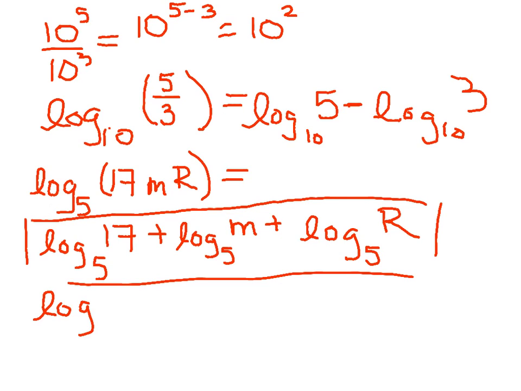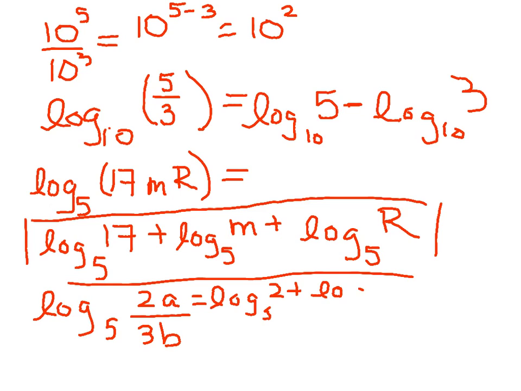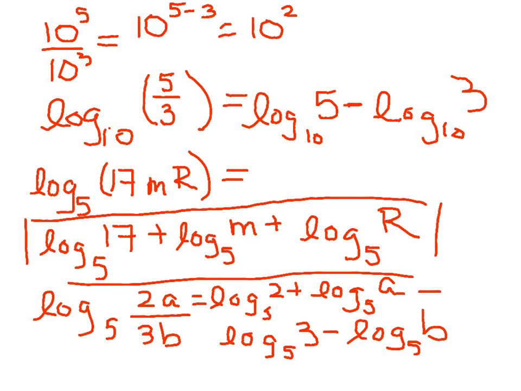If I had log to the base 5 of 2a over 3b, I could say that this is log to the base 5 of 2 plus log to the base 5 of a, so those get multiplied, minus log to the base 5 of 3 minus log to the base 5 of b.